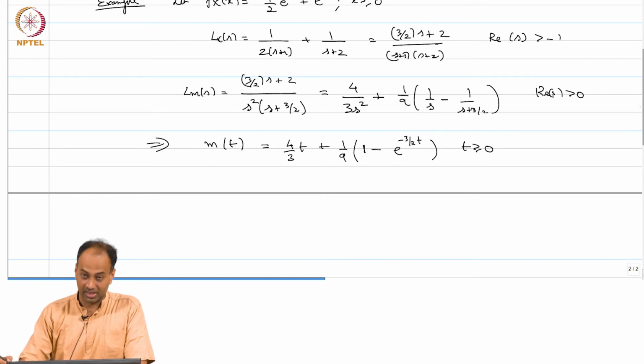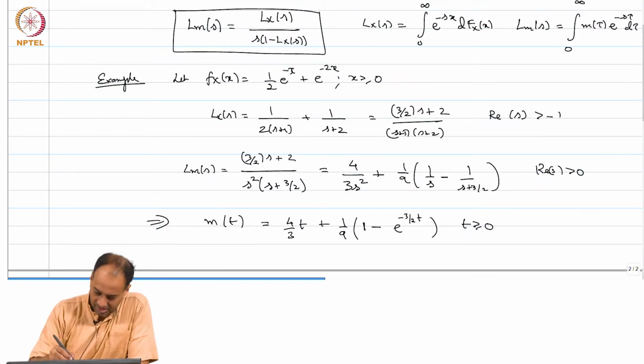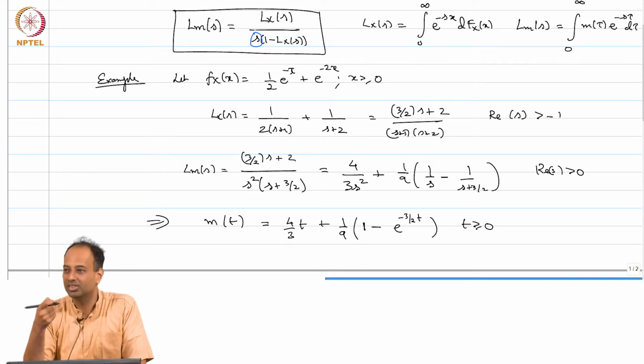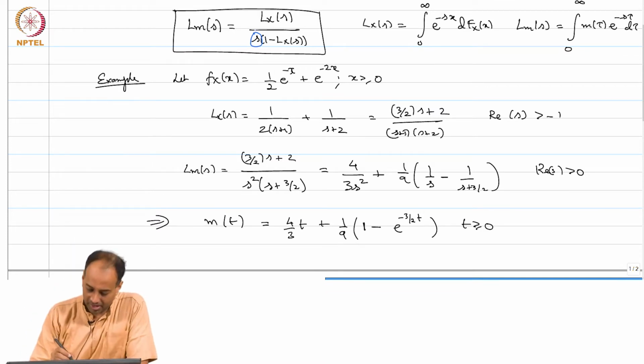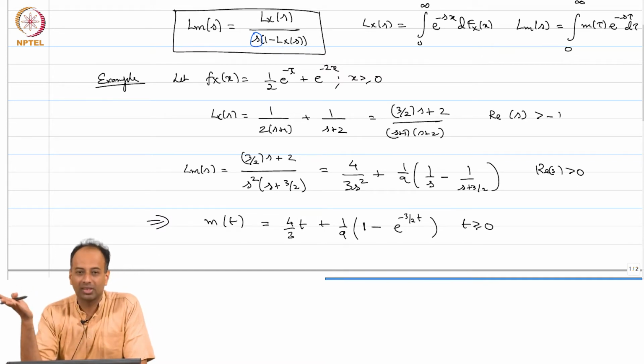So, if you just look at this term Lm of s, there is clearly a 1 over s term, okay. So, there is definitely at least one pole at 0, right, but there is also another pole coming from 1 minus Lx of s, because if you look at Lx of 0, what is Lx of 0?